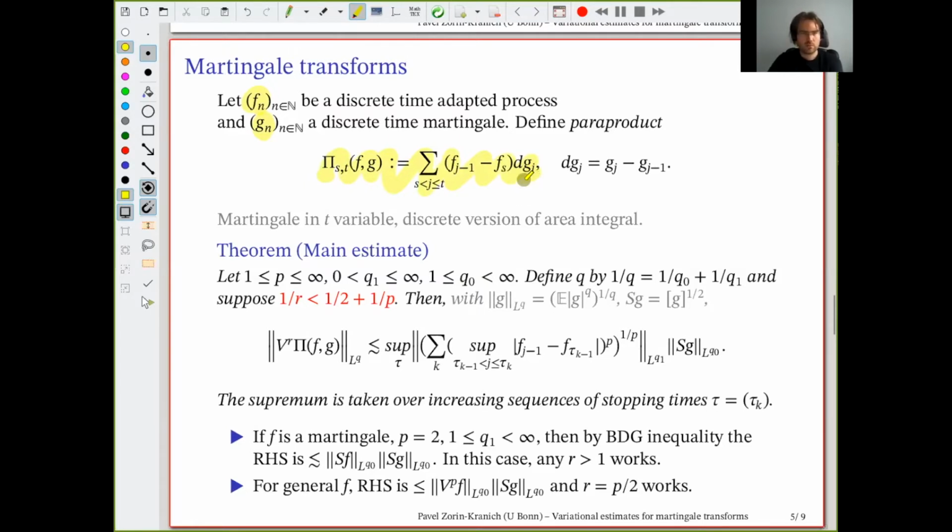So if you replace this sum sign by an integral sign, then it looks basically exactly like an area integral.